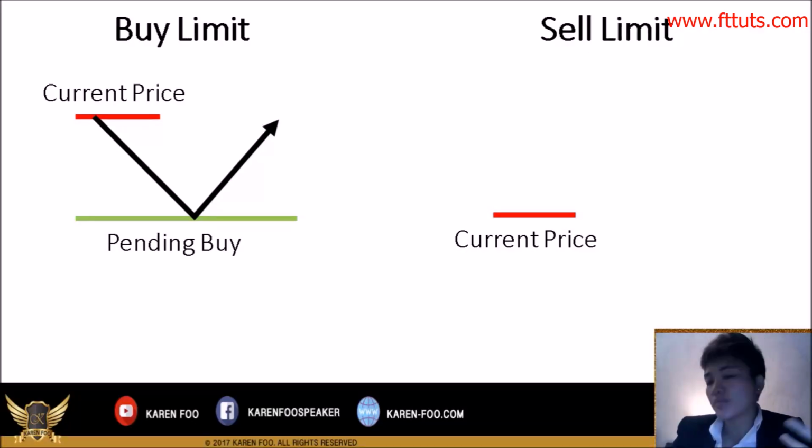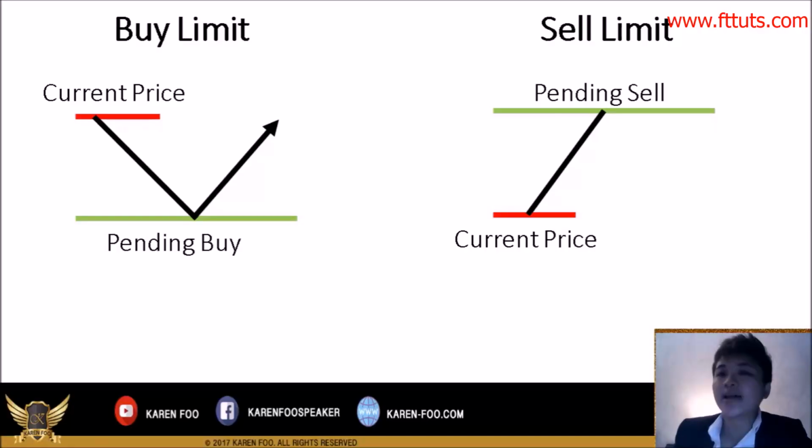So you would wait for the price to go bullish so that it can be executed at a higher level. So you will have a pending sell right at the top in anticipation that the price would eventually go down. Meaning that you're selling at a higher price as compared to where you are now. So that's what I mean by more favorable.